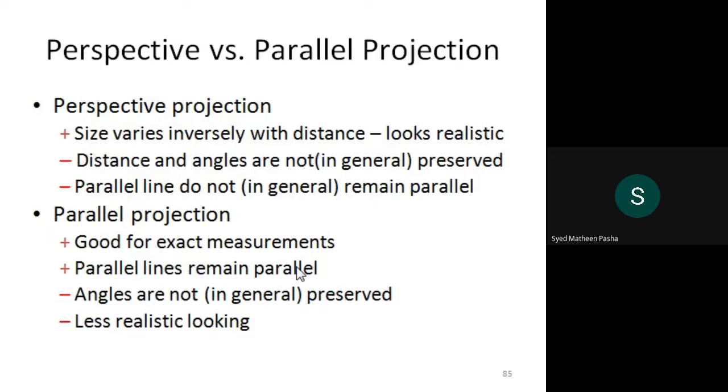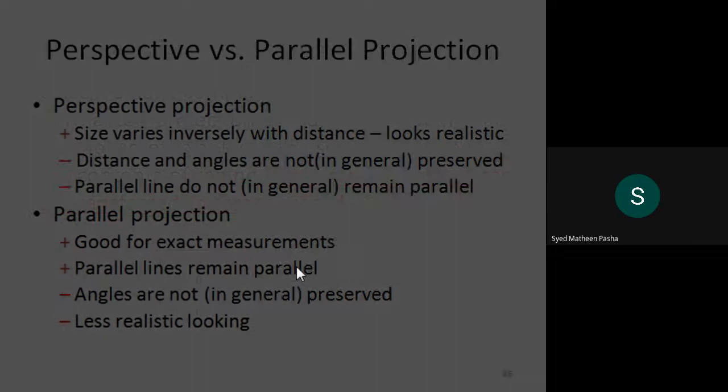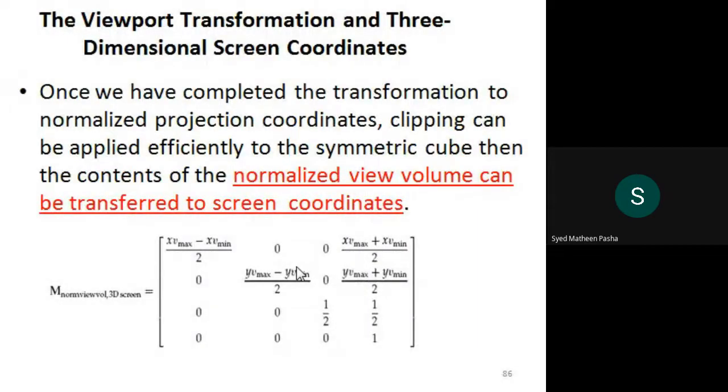Then we'll move on to the next topic, that is the viewport transformation as well as three-dimensional screen coordinates. Once the transformation is completed with respect to three-dimensional viewing, we'll come to the screen coordinates.